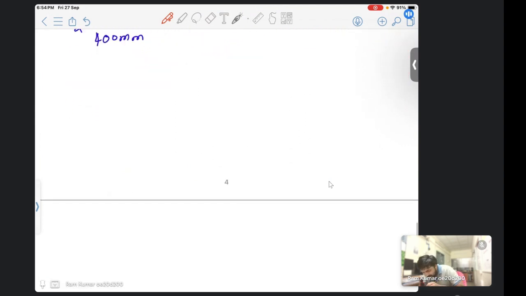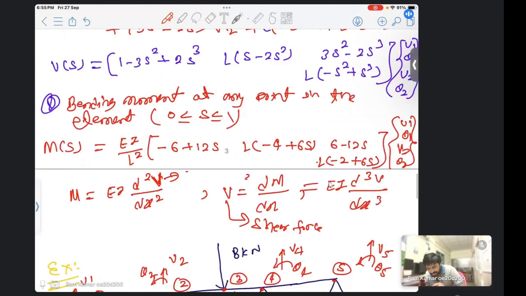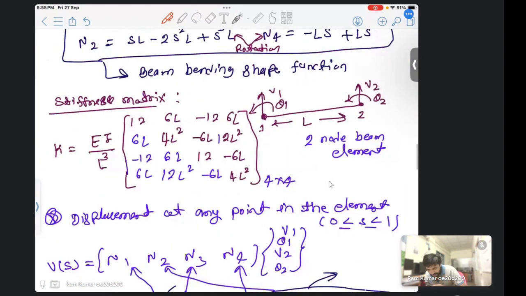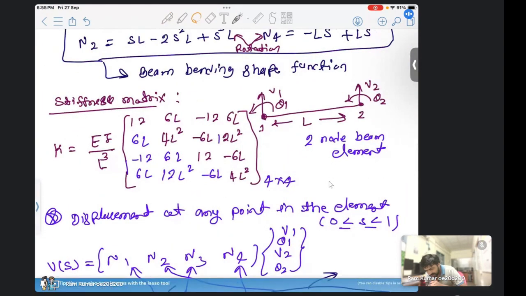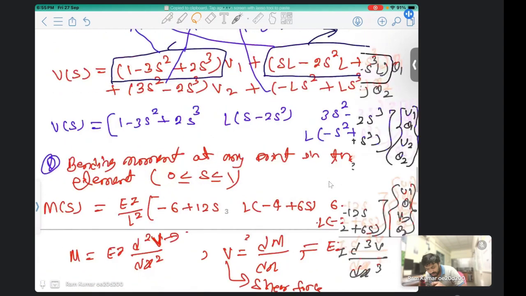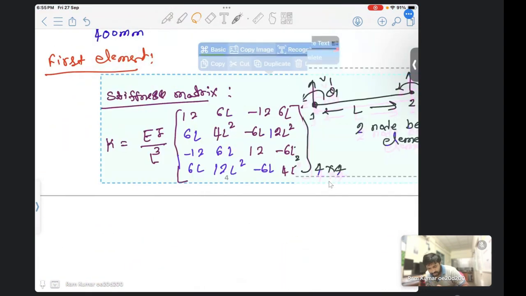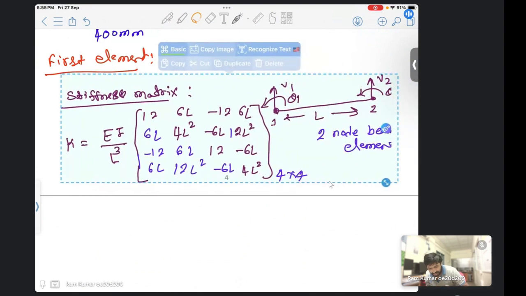We will start with the first element. As we discussed, for any element, this will be our stiffness matrix. We just have to put in the values of length and other parameters.